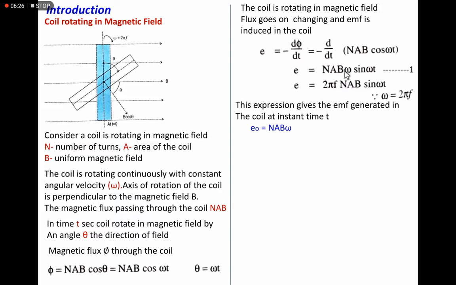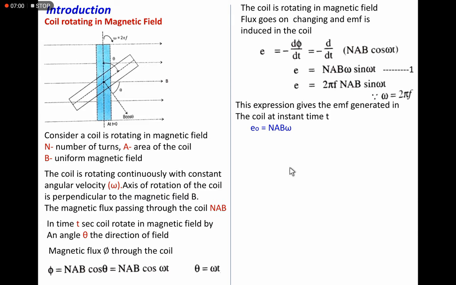Instead of NAB omega, we'll write E naught. E naught is the maximum value of EMF generated in the rotation of the coil. The coil is rotated in clockwise and anti-clockwise direction. When it rotates in clockwise direction, the positive EMF is induced, and when it rotates in the anti-clockwise direction, negative EMF is induced.